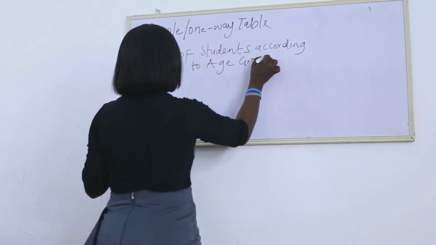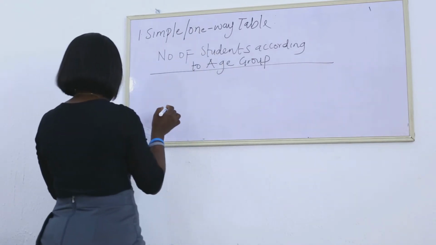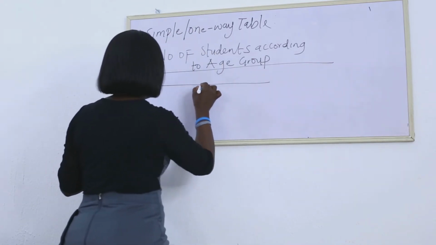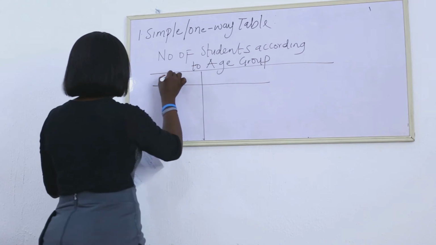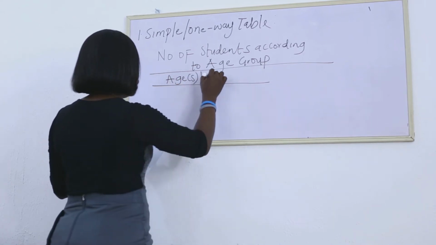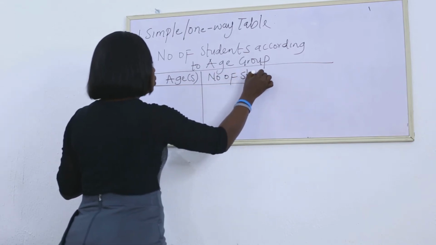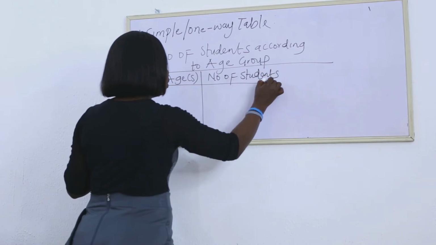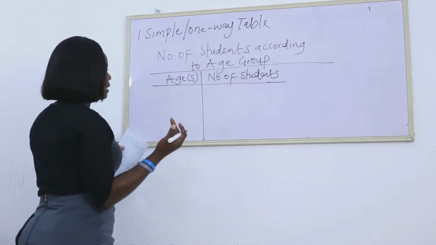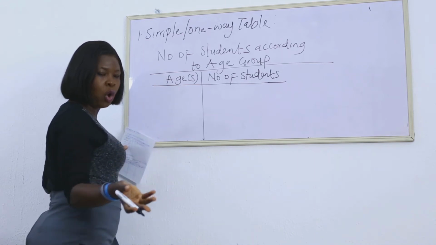So I say ages of students here, then the number of students is represented here. So let's look at an example of ages of students in maybe an institution or polytechnic.